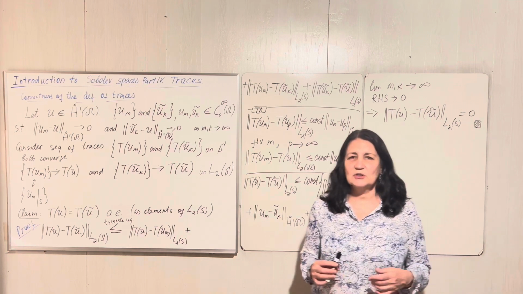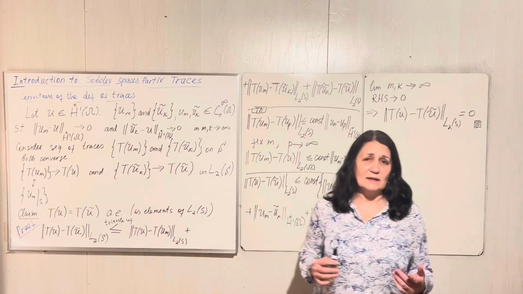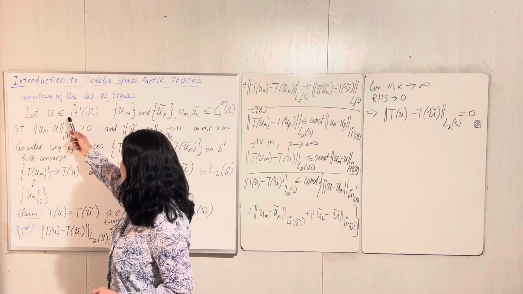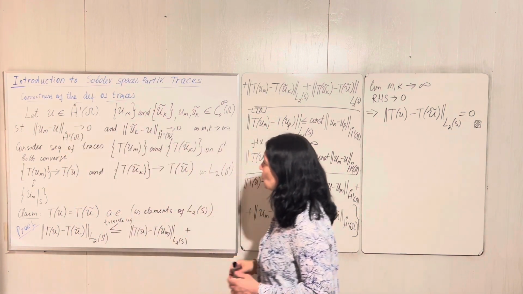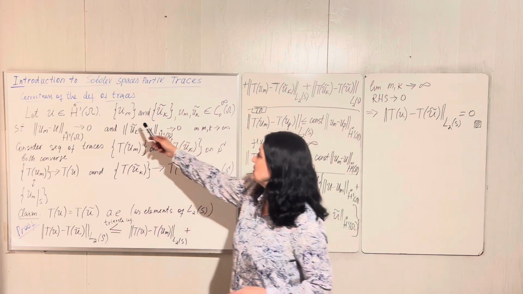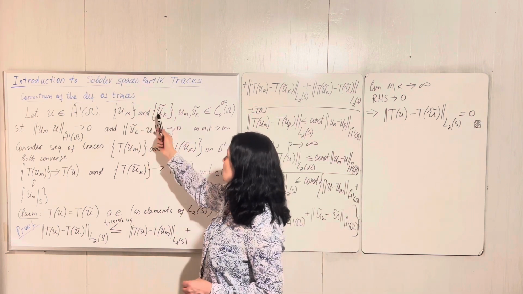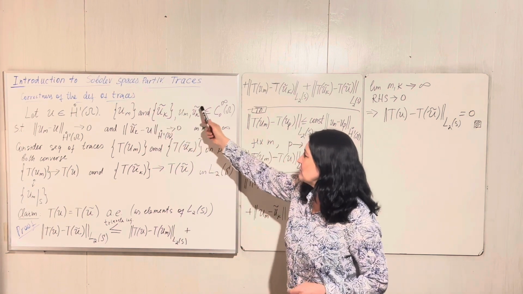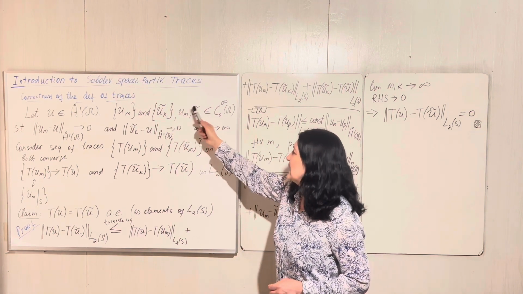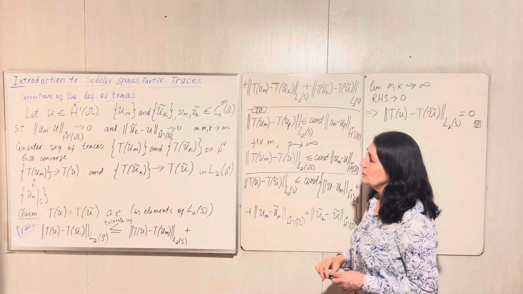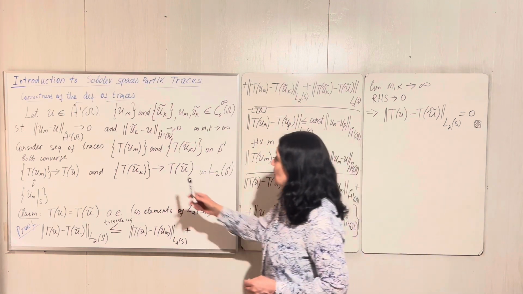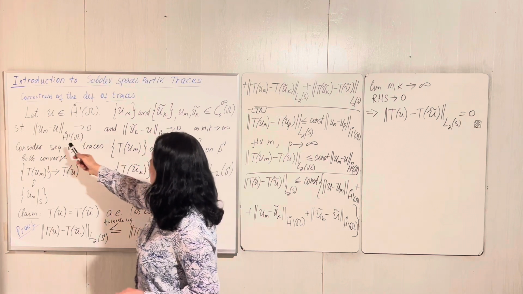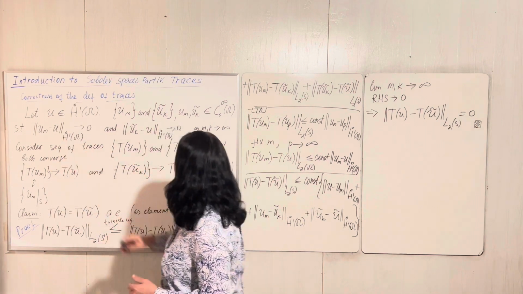So let's show that this is not the case. So we consider a function u from H10 of omega, and let's take two sequences, um and uk tilde, and their elements are functions from C0 infinity, and both sequences converge to our function u in the norm H1,0.